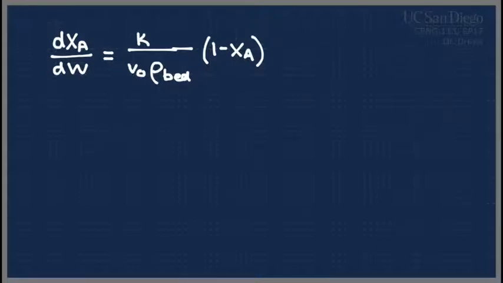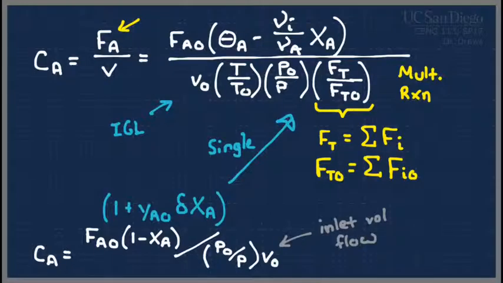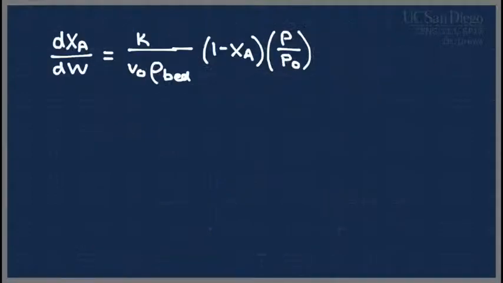And then we had a question as to whether or not the pressure stuck around. If you just assume that it does, and you bring it up into the numerator, then you have something that looks like P over P0. That got flipped because in the previous expression, P0 over P was in the denominator, and I flipped it the other way around so that it's in the numerator here.